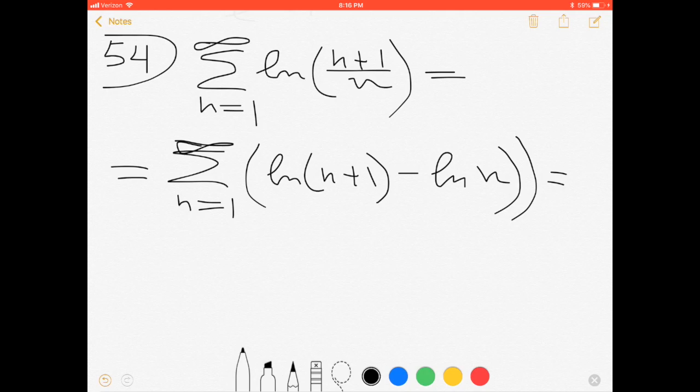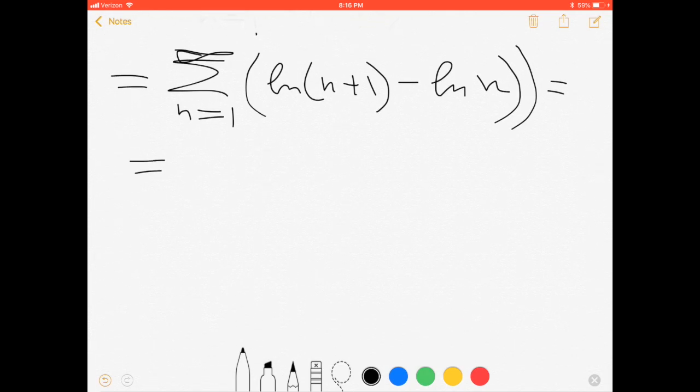I think we don't need the series symbol anymore. We're plugging in what we have here.